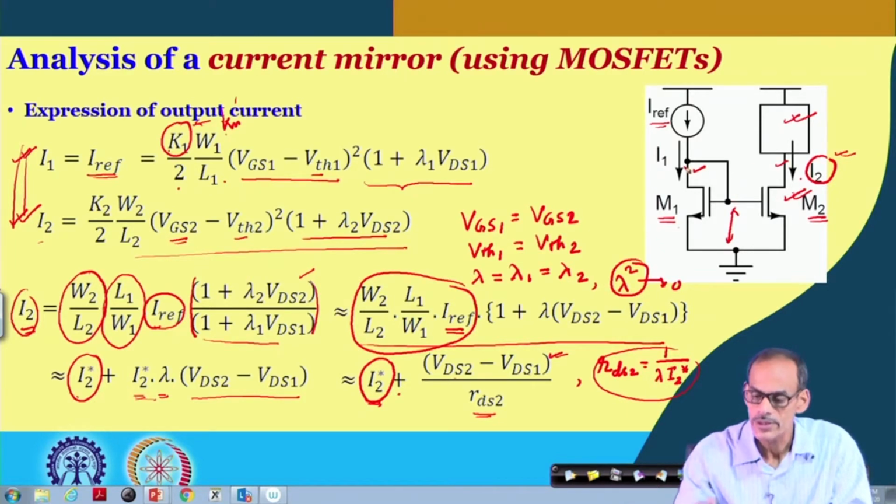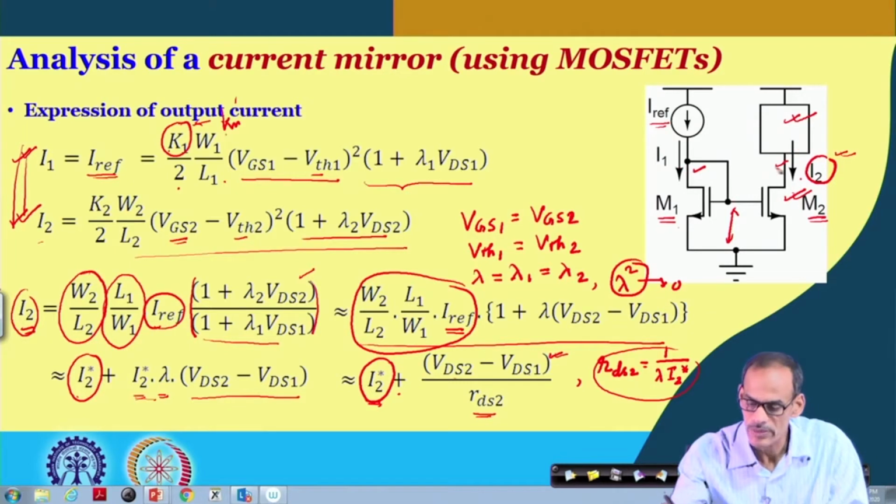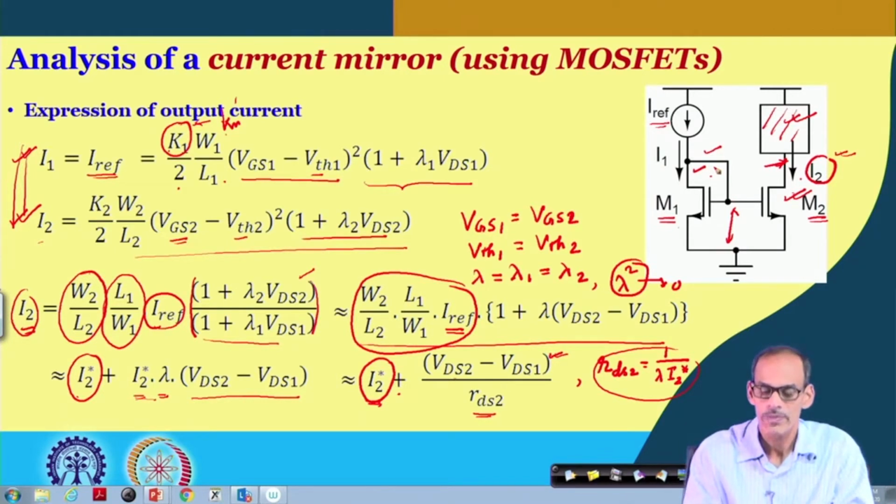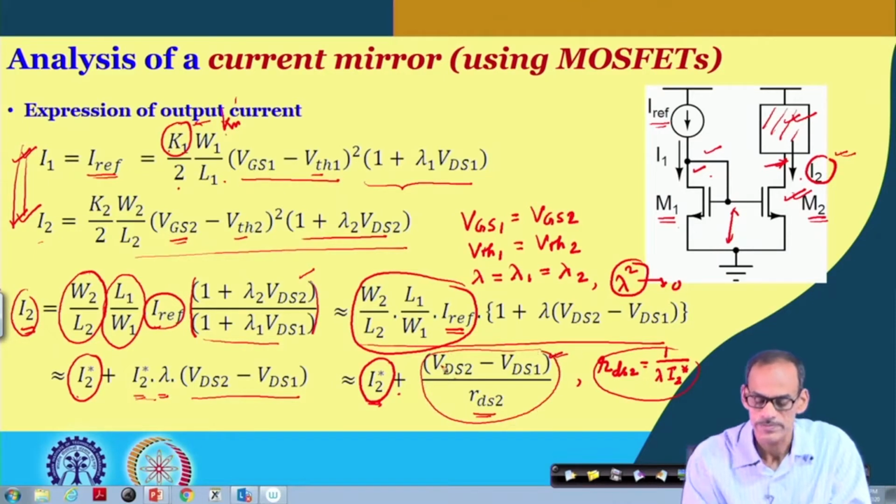As I said, the voltage here will be defined by the application, and if the drain voltage of transistor 2 is different from the drain voltage of transistor 1, then we will get this additional part of the current.